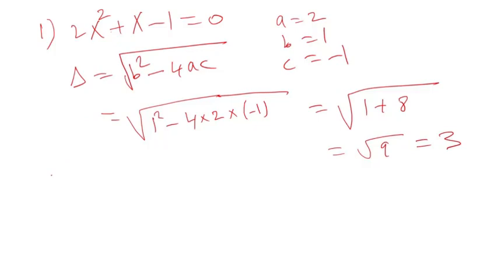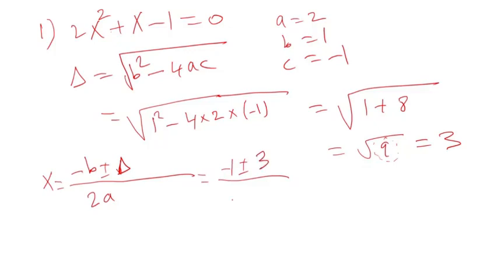So then x, since what's inside the square root is positive, that means there's a solution, at least one solution, if not two. So x is equal to minus b plus minus delta divided by 2 times a. So minus b is minus 1 plus minus delta, which is 3, divided by 2 times a, which is 2.